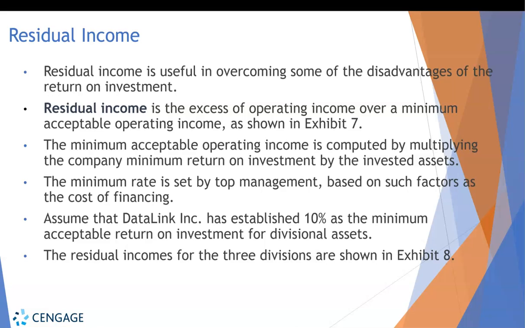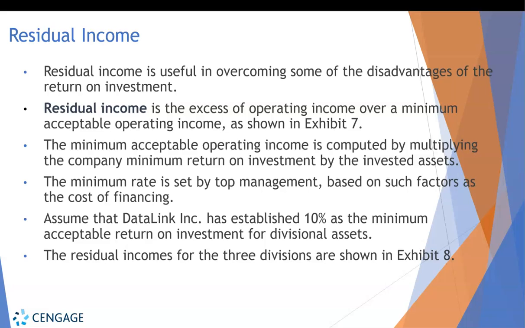The minimum acceptable operating income is computed by multiplying the company's minimum return on investment by the invested assets. So the minimum rate is set by top management based on factors of cost of financing. And DataLink said 10% is the minimum acceptable return for investment on these assets.